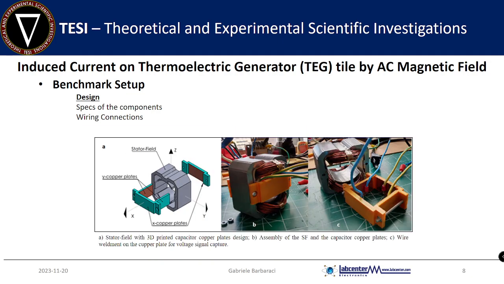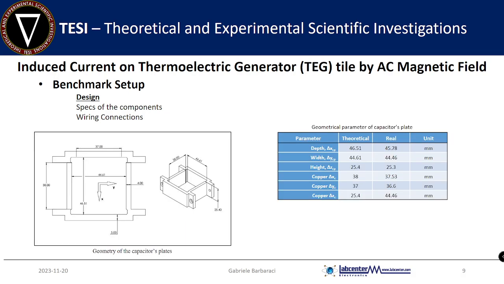In this picture, we can see the capacitor plates that are used to extract the voltage along the X and the Y direction, because we will see that we are going to need the expression of the magnetic field in order to identify the signal coming from the TEG. The capacitor plate has a specific geometry and is not symmetric, because the distance between the X and Y directions is different.